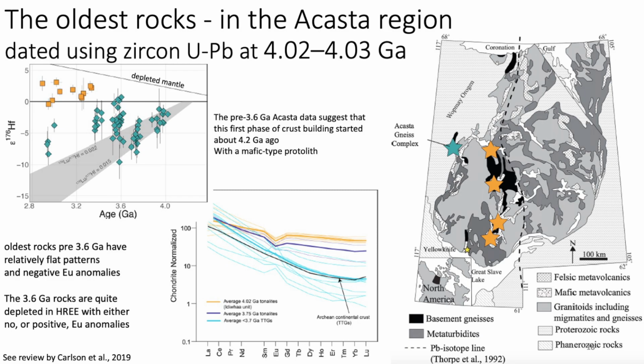And then after that, when we go to some younger rocks, the blue ones, they have a flat pattern. When we go to younger ones, there is this enrichment here and a depletion here, compared to the chondrites. And these latest trends are very similar to what we have for the Archean continental crust that is a little better exposed and has been analyzed by Hervé Martin, his student Jean-François Moyen, and others.